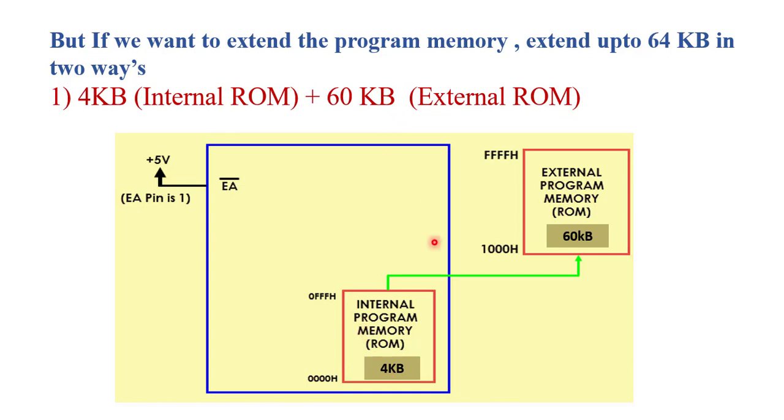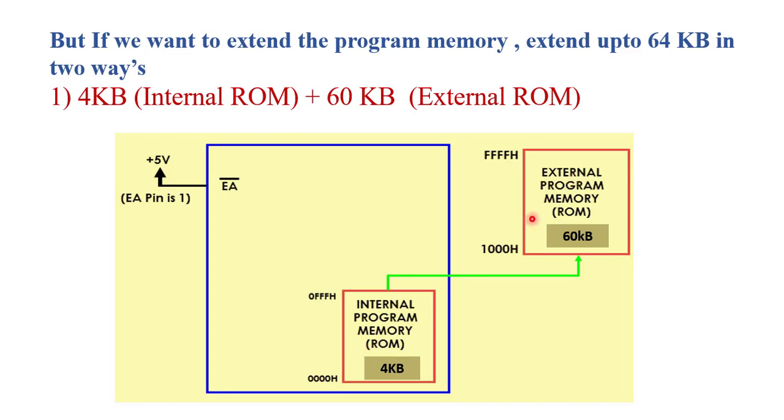Here in the diagram, this is the internal program memory, that is ROM, of 4 kilobyte whose address is from 0000H to 0FFFH. If we want to connect external program memory, we connect 60 kilobyte of external program memory whose address is from 1000H to FFFFH. So the total program memory in the 8051 becomes 64 kilobyte.